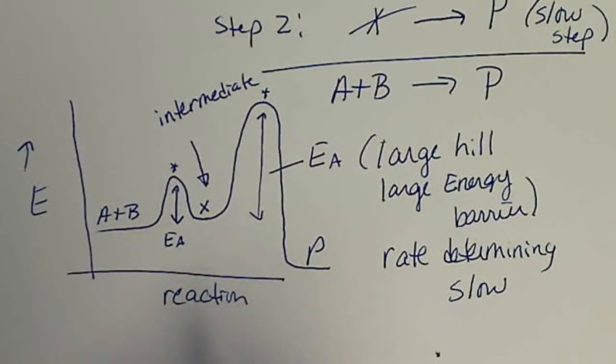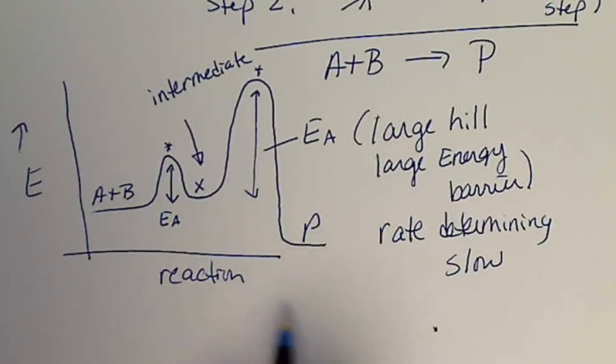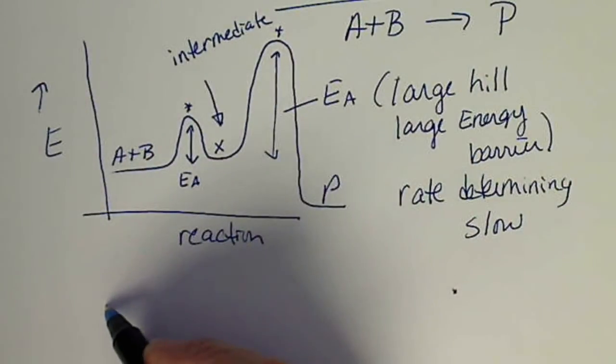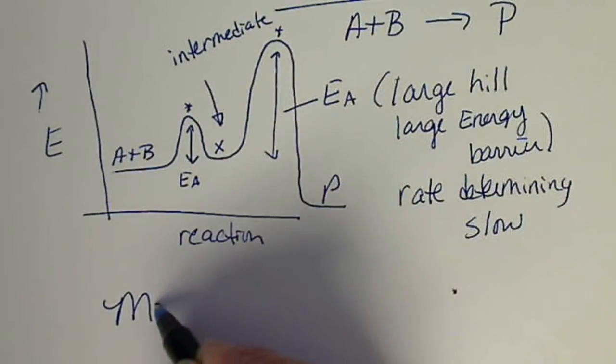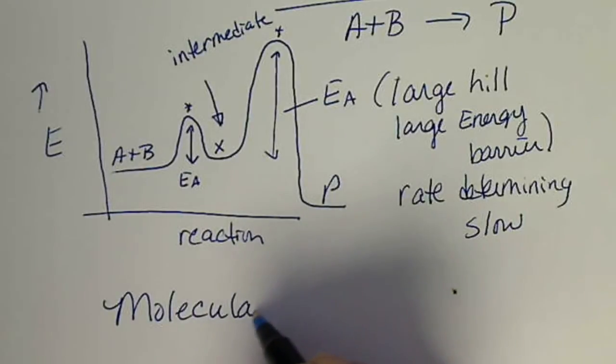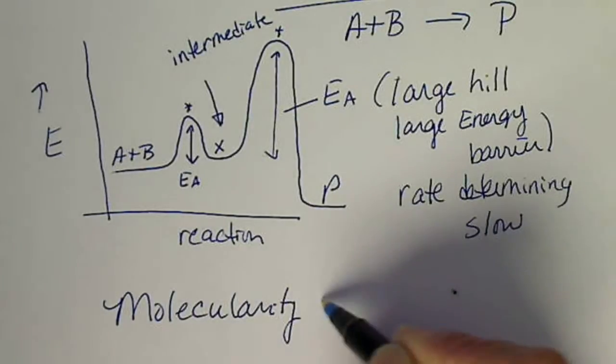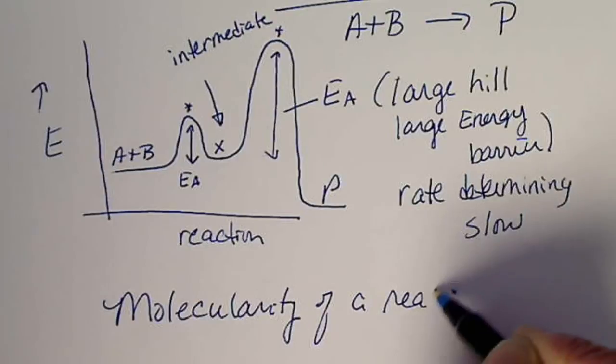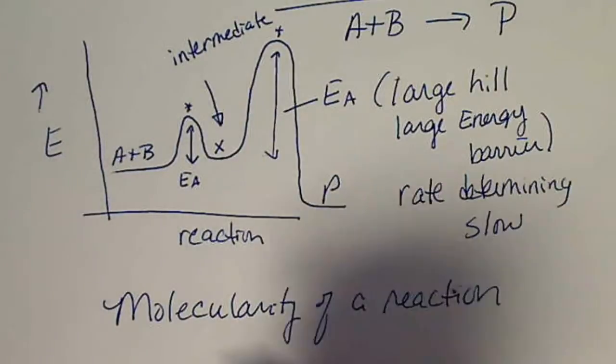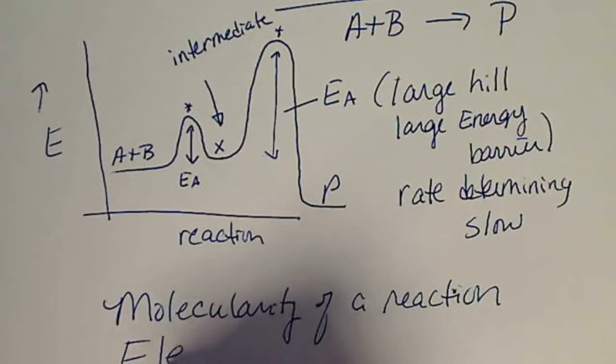So if we know that we have a reaction that occurs in multiple steps, we can look at what's called the molecularity of a reaction. And this has to do with elementary steps.